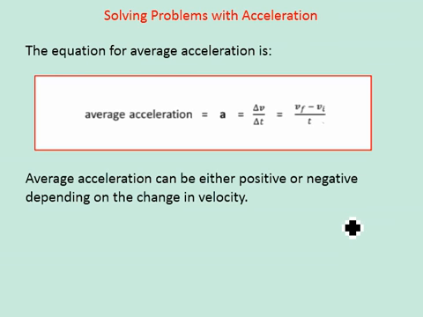That has to be in that order so that we can determine whether average acceleration is positive or negative. And that's going to depend on whether these numbers, when subtracted, give you a positive or a negative number. We will do a lot more problems and talk about the equation in class, so it's not something you have to worry about right now.